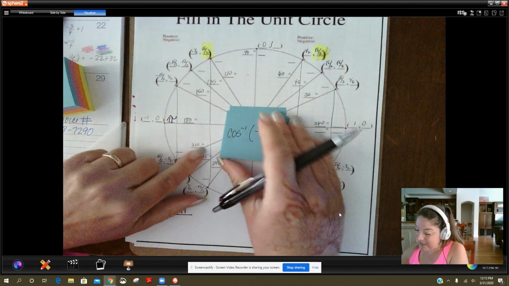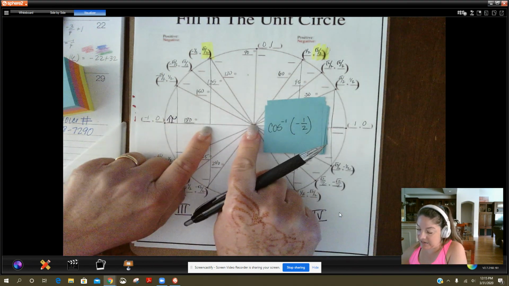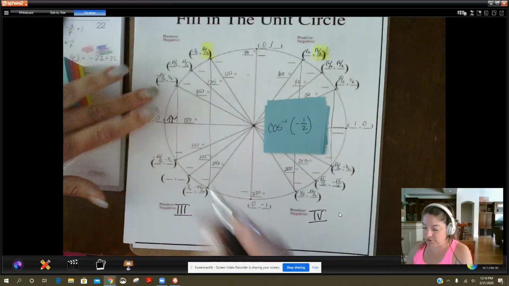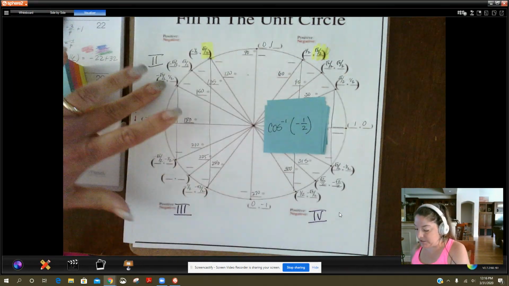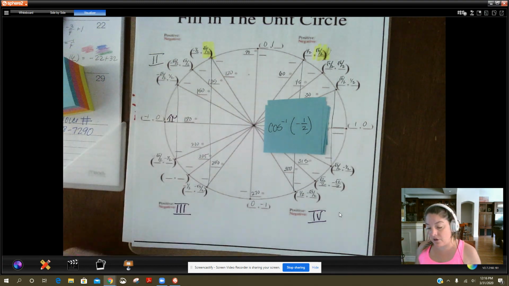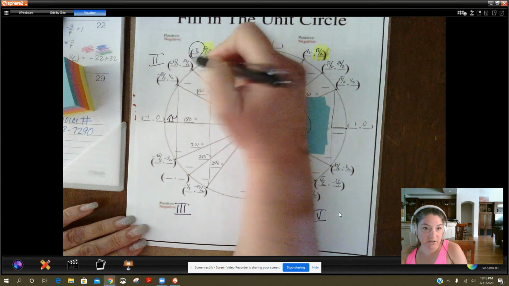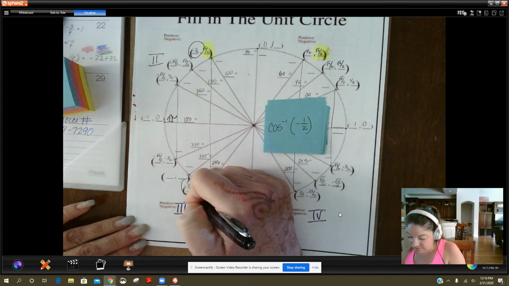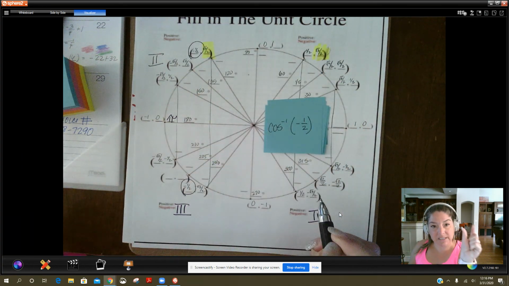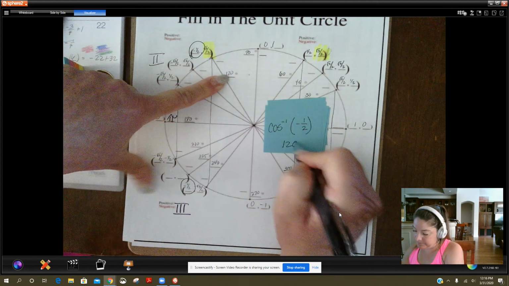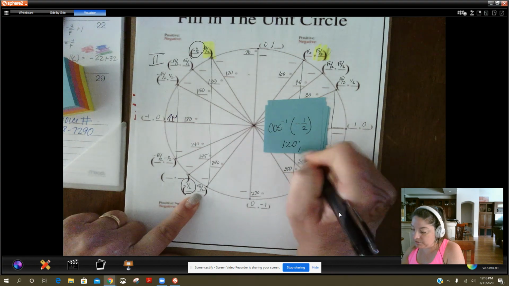And I know that my x is going to be negative over here in these two quadrants, okay? Quadrant number 2 and quadrant number 3. So when the x is -1/2, I see one here and I see one down here. So the short side. And so that answer is going to be 120, or it's going to be 240.